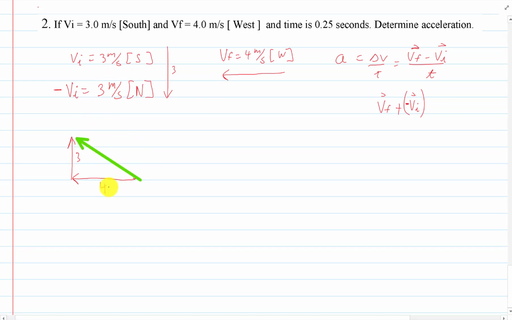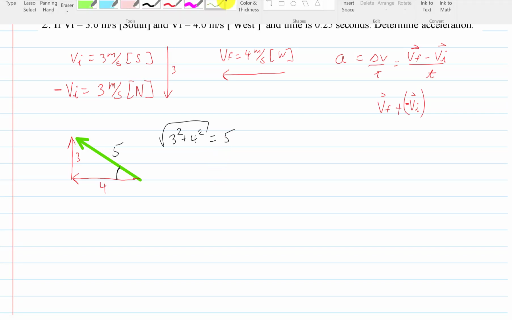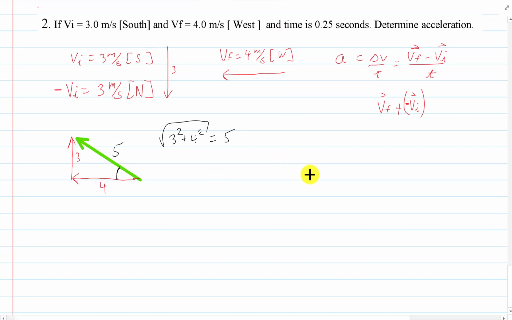Pythagoras says 3 squared plus 4 squared, all square rooted, is 5. And we also need this angle, that angle at the base of that green, because that's how we label a vector, right? If a vector is over like this, like that 5 is, we have the crosshairs at the base, and we want that angle.